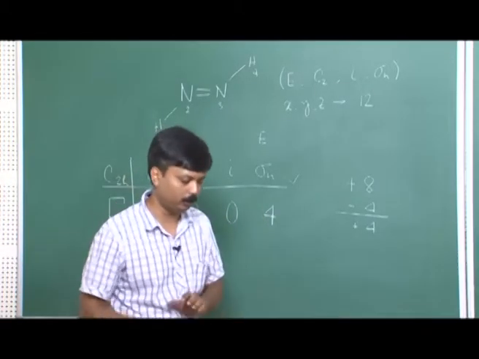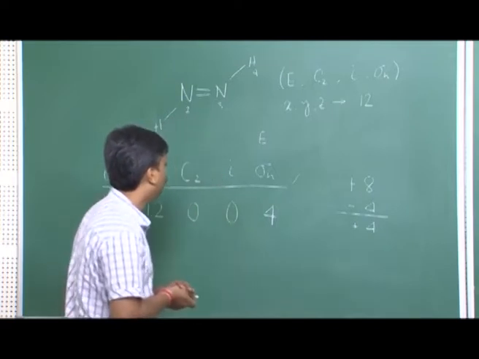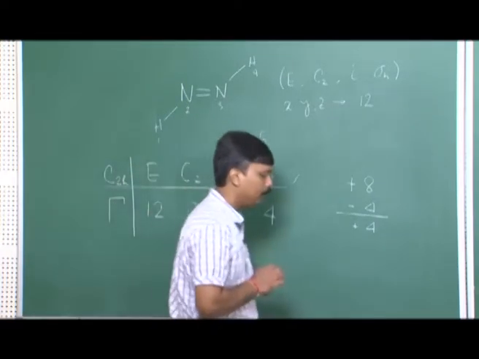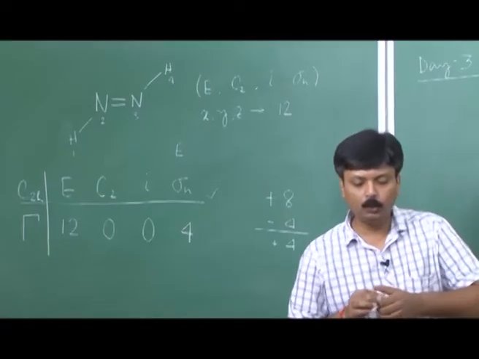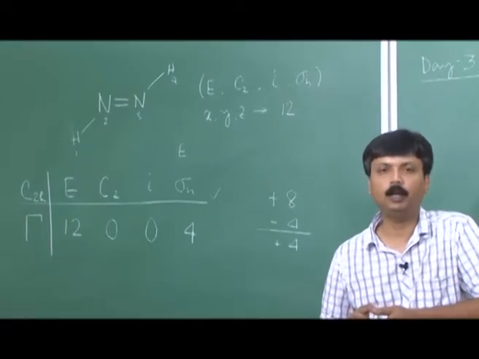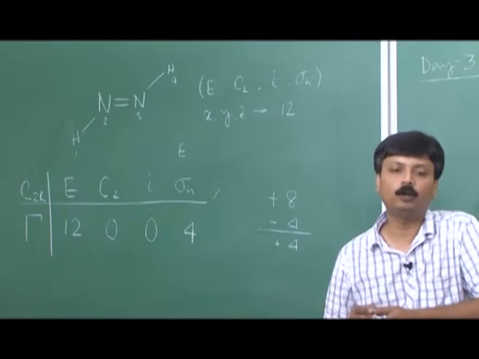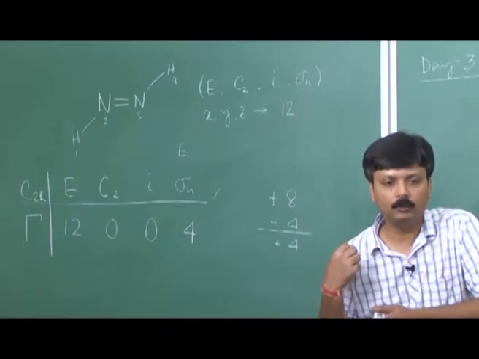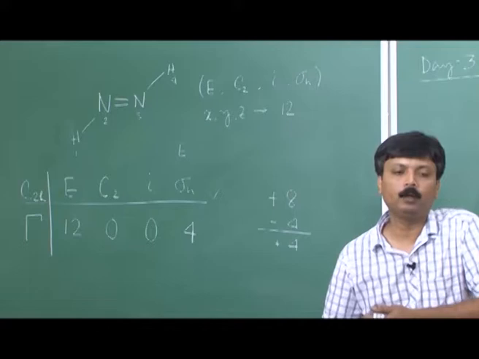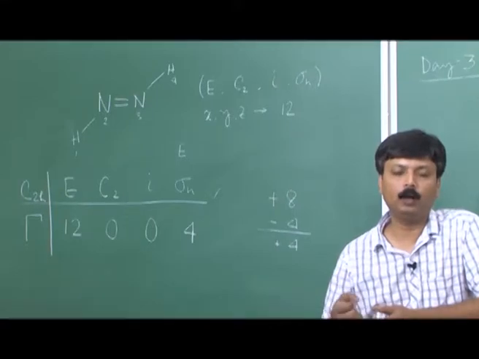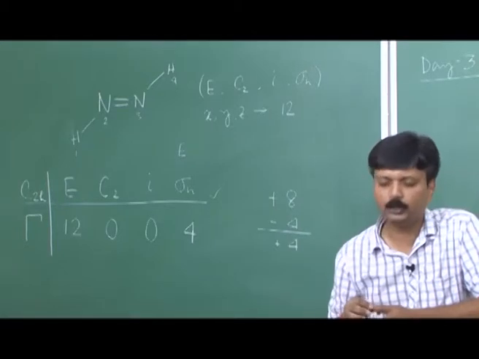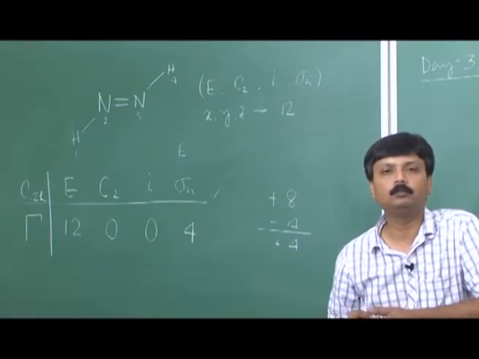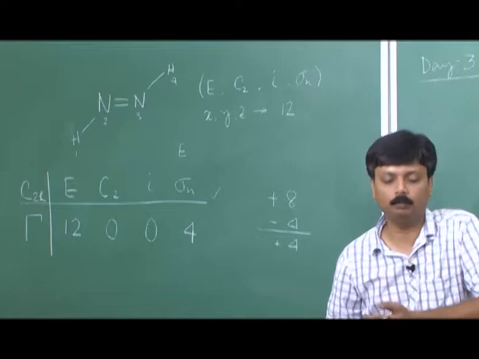So with this we are pretty much in a position to deal with the actual applications of these symmetry properties of a molecule, and we are going to look at one of these which is known as symmetry adapted linear combination.